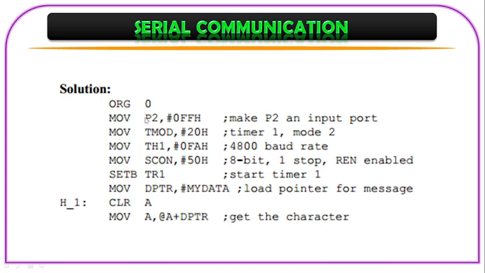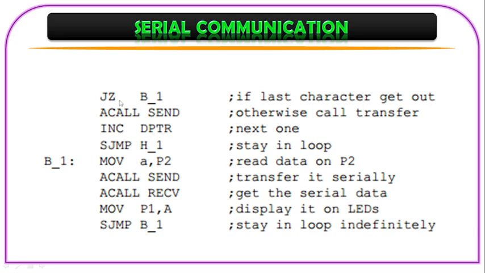So FF is sent to this, and then these are the usual things: 20 to TMOD, and then FA for the baud rate to this, then SCON 50, and then set bit TR1 to start the timer. Then you are taking the data using DPTR in indirect addressing mode, and then you clear A and move the first character from the location to the accumulator.